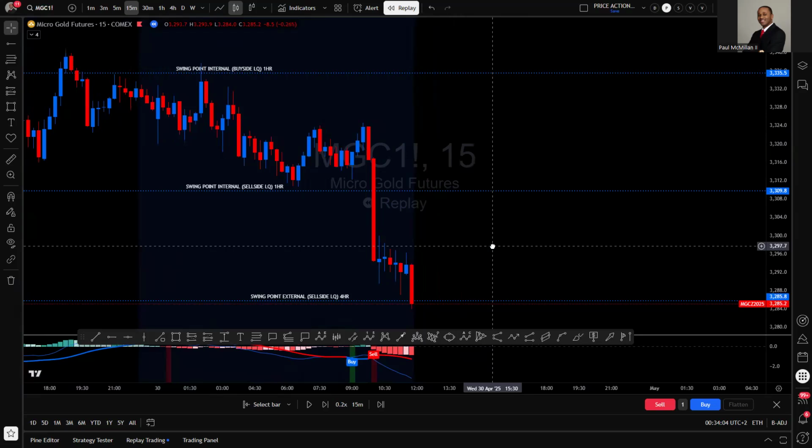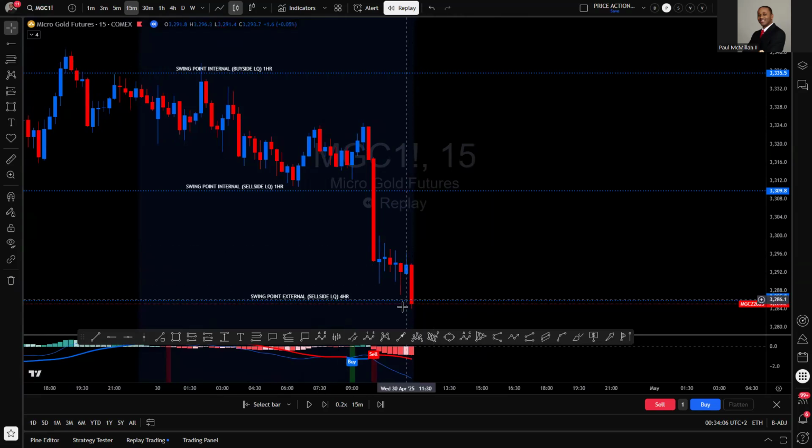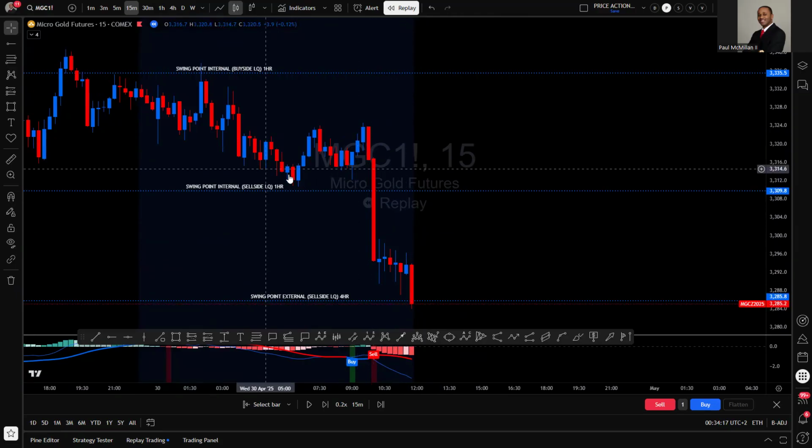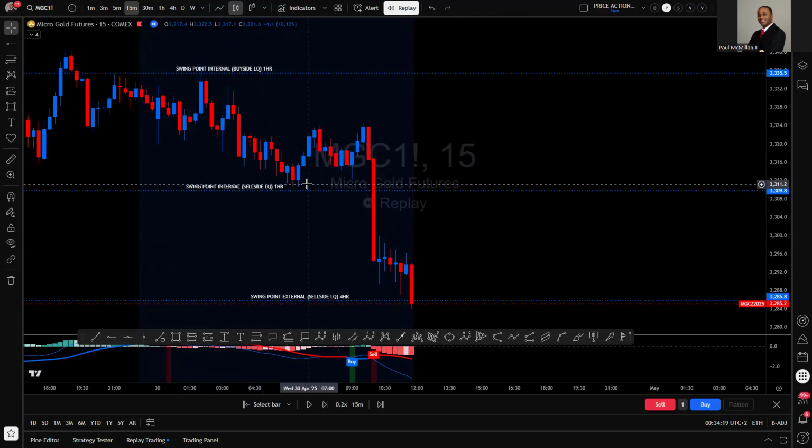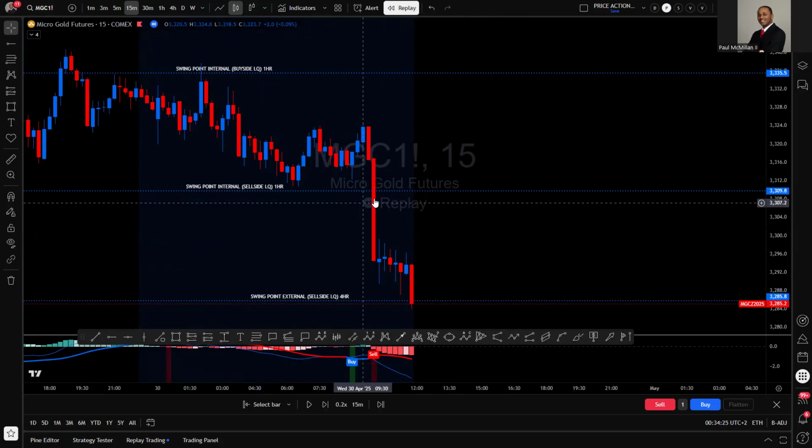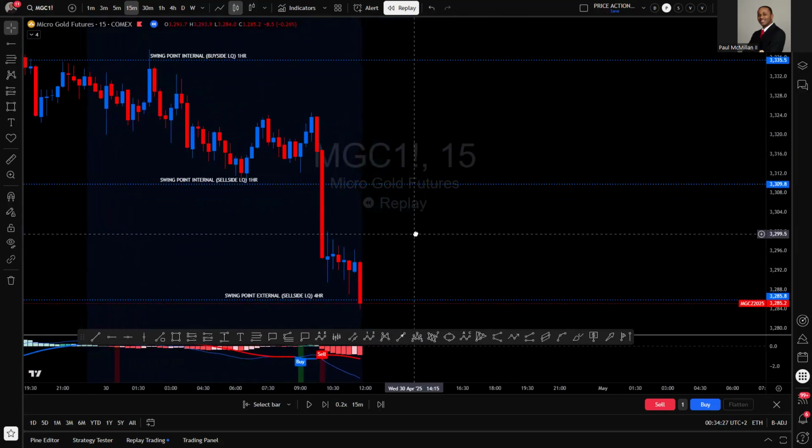Okay, so now it looks like price is close to expanding. We're trading internally here after this fair value gap, straight down here. We're in an overall bearish market with bearish price structure. So in reality, we're looking for price to be selling into this fair value gap.